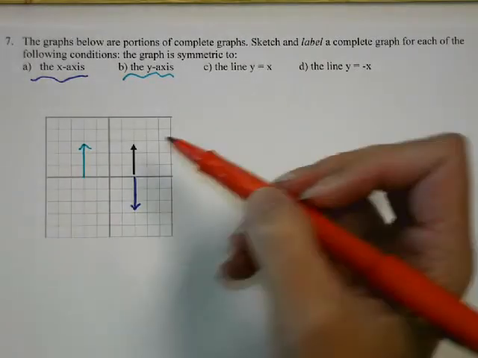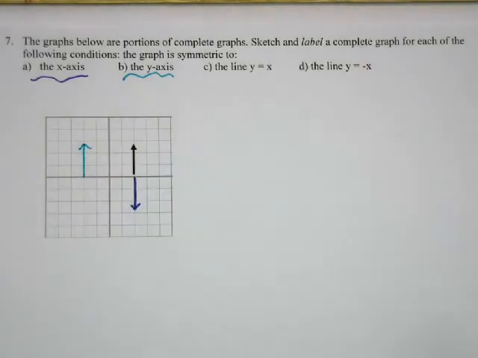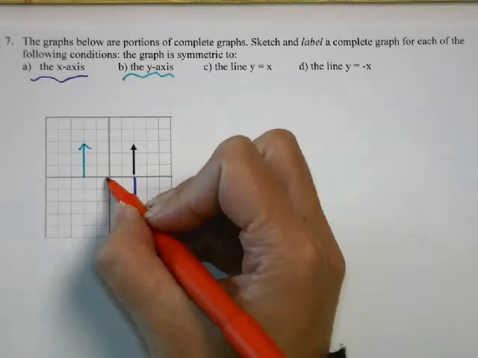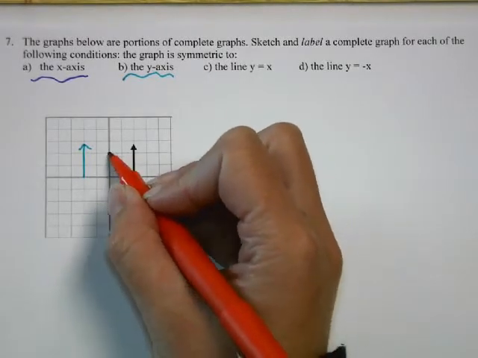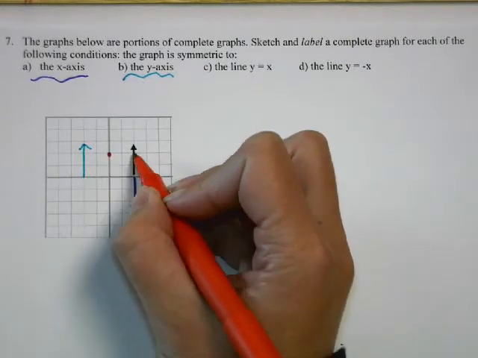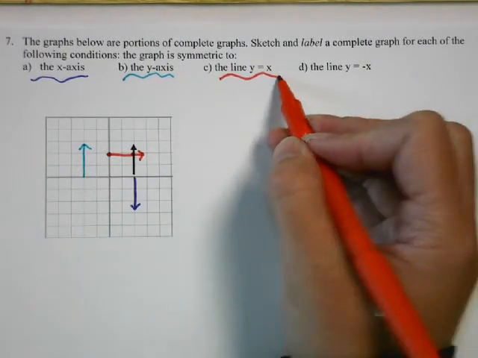The line y equals x, so it would be this line here, it switches the x and y's. So instead of having a point at 2, 0, we're going to have a point at 0, 2. Instead of having a point at 2, 2, we're going to have a point at 2, 2. So the arrow goes this direction.